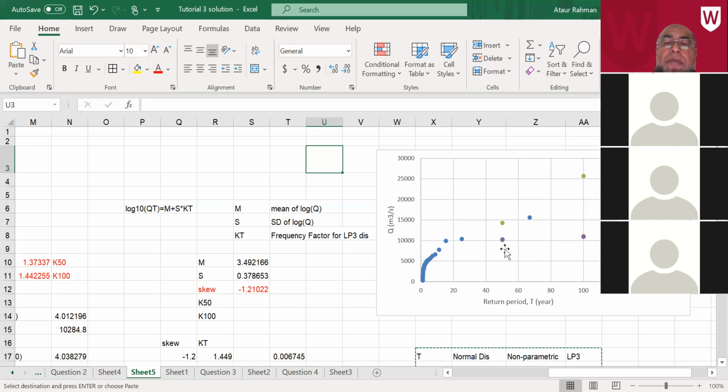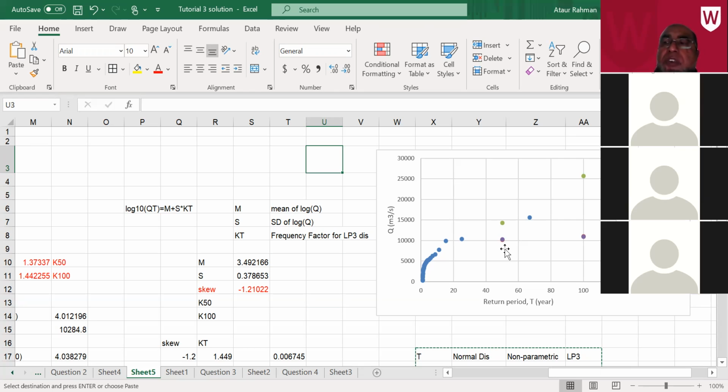Sir, in your previous lecture, you showed us the formula for the criteria to cut the low flow and outliers. You can use those kinds of equations to censor the low flow, and that is possible. You can ignore the smallest values in the data series because they are very small.